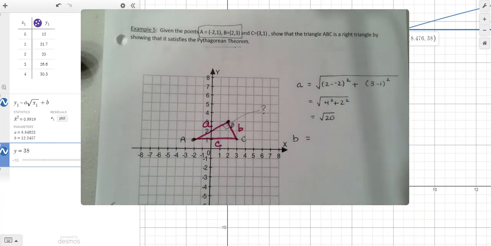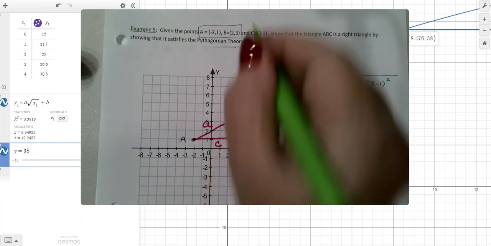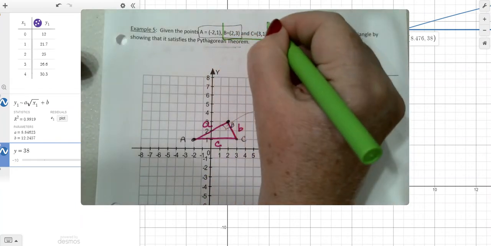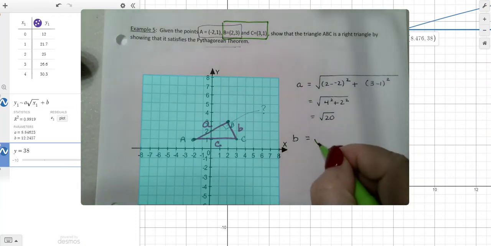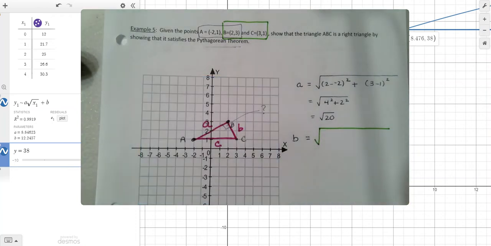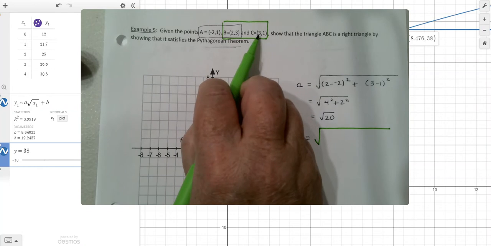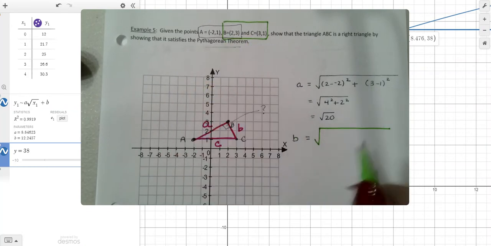All right, b. b is the distance between point B and point C. So once again, I'm going to use my distance formula. X's would be 3 minus 2.